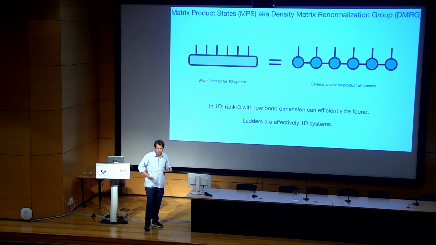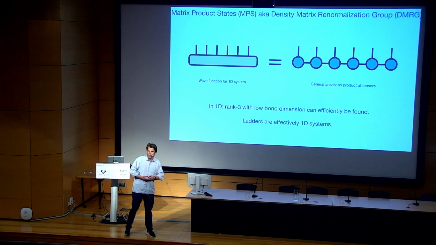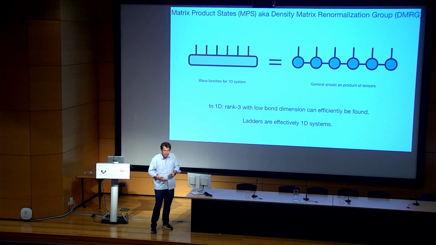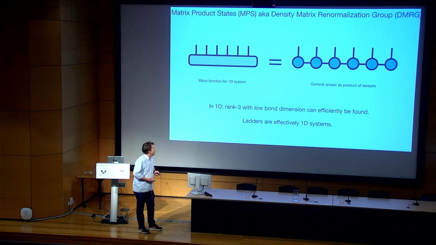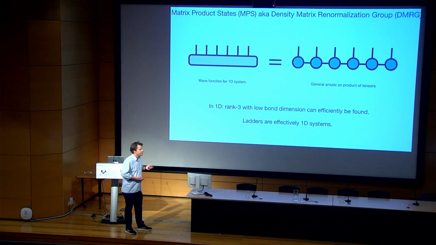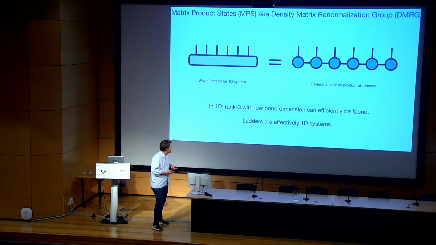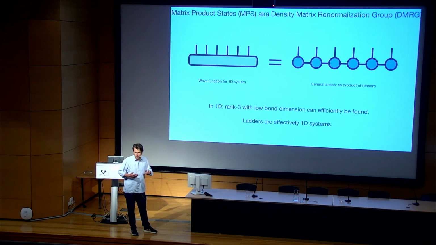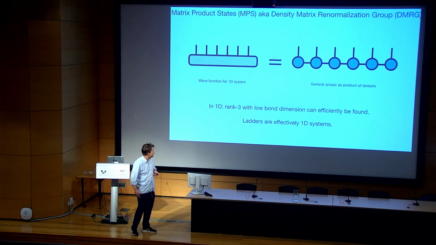It does not scale with the system size. So we have this entanglement very bounded, and that makes this so efficient because it really means that the entanglement which has to flow through some internal leg is limited, and that allows us to use this ansatz very efficiently. And that works in 1D and in 1D-like systems. So it's an ansatz that can be used to treat ladder systems.